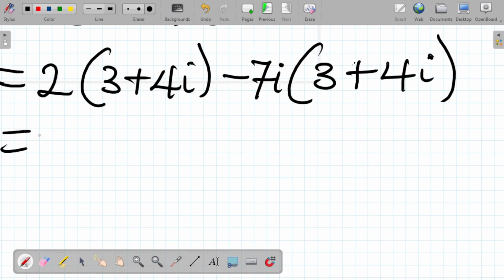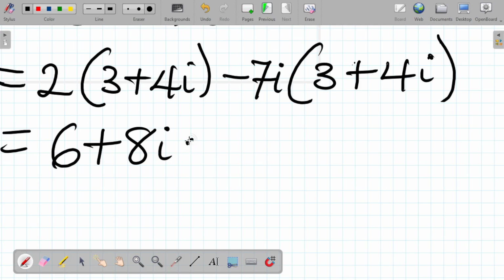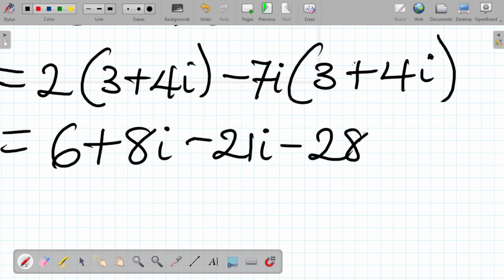So here we have 2 multiplied by 3 is 6, plus 2 multiplied by 4i is 8i. Minus 7i multiplies 3 gives us minus 21i. And then minus 7i multiplies positive 4i gives us minus 28i squared.